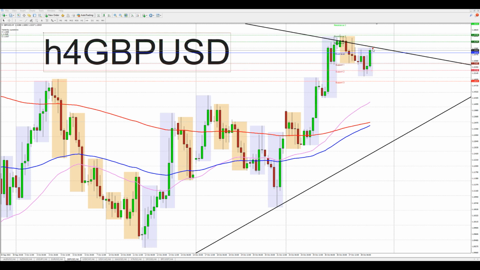Okay, but if it does, we go higher and keep going up. But if it doesn't, the bears will take it down further. Okay, and of course there's this trend line to contend with, and if it breaks, of course it will keep going down further. But if it doesn't, we'll see price hitting this support and plunging up higher. Okay, that's British pound USD.